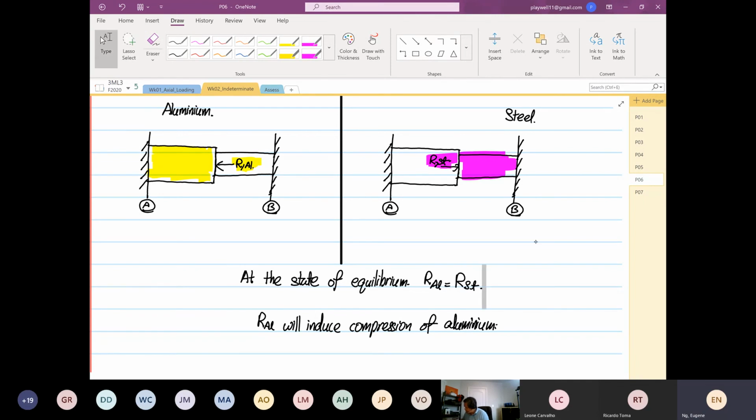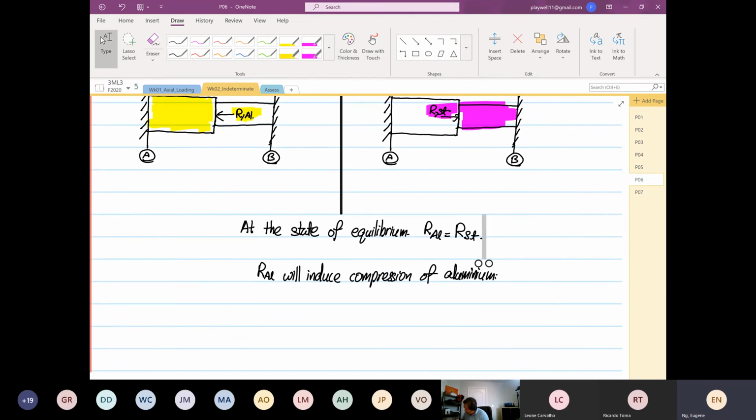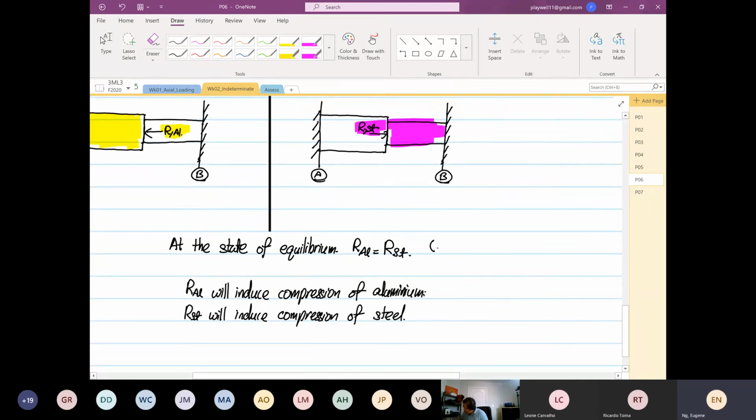So both will induce compression, on aluminum and on steel. Basically, action equals reaction, same in magnitude, different in direction. This is based on the assumption of Newton's third law.